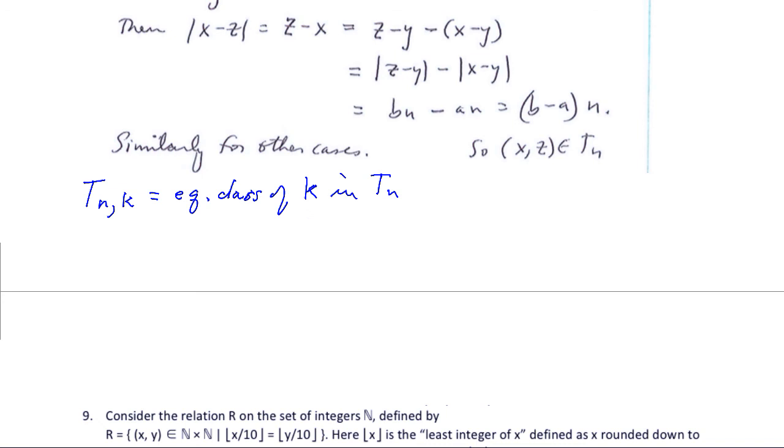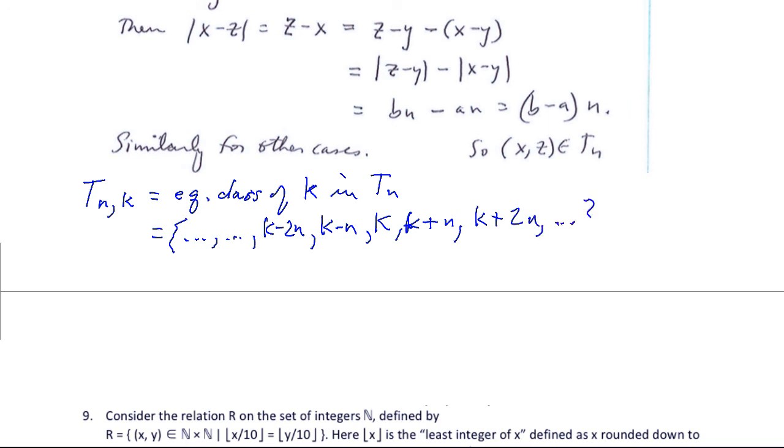Okay, so in general, this is dot dot dot, and it has the element k in it, but it also has k minus n, k minus 2n, etc., k plus n, k plus 2n, etc. So that's the equivalence class of k in Tn.